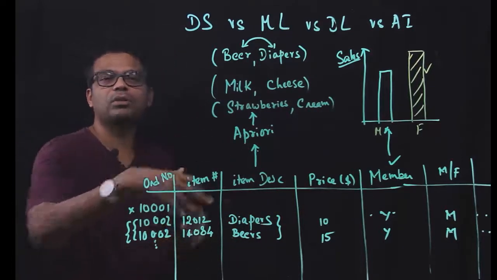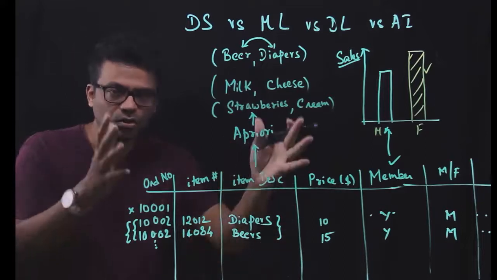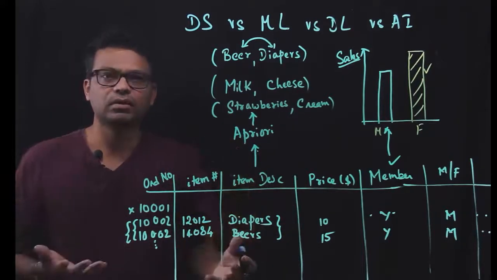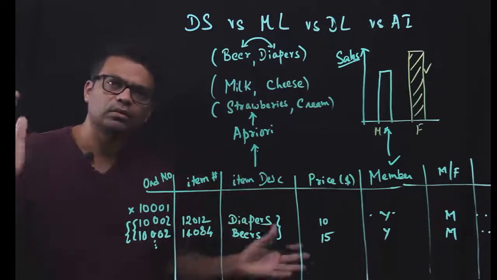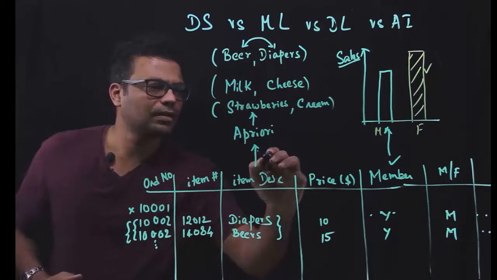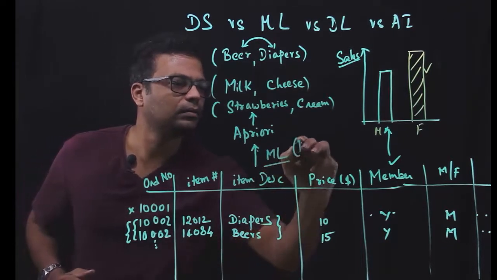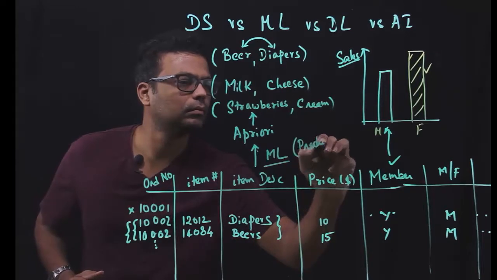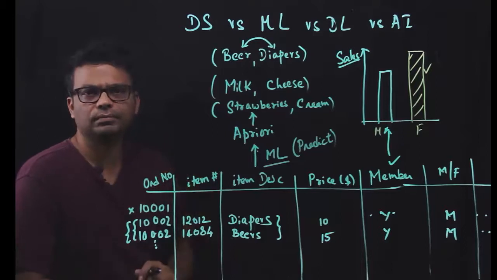Well, we know strawberries and cream go together, but our machine learning algorithm based on this data set can infer this for us based on the total number of sales and how they go together. There's a whole bunch of math behind it. But the point being, this is a classic example of using ML to predict patterns that you don't normally see.